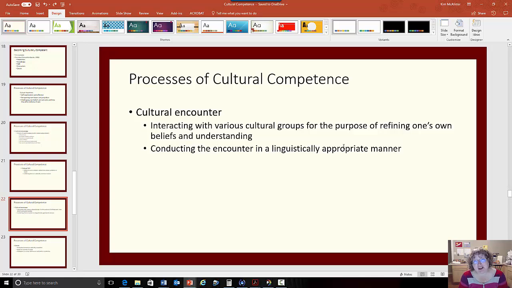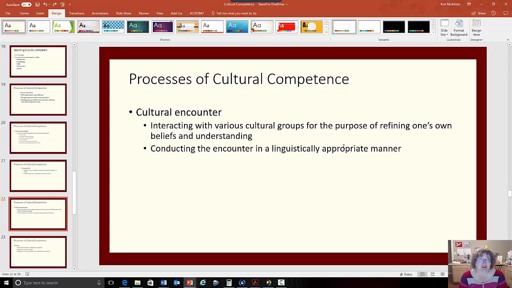But if you don't have the time or the ability to do that, you can have a cultural encounter. This is meeting with different cultural groups in order to understand your own understanding and your beliefs about that culture.